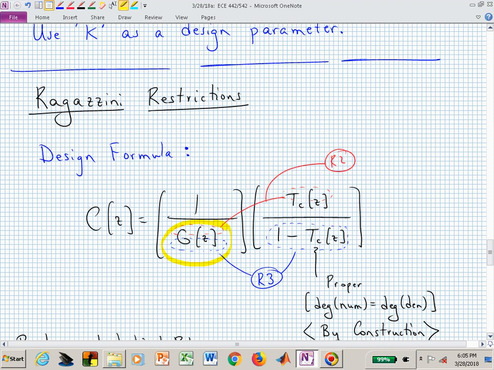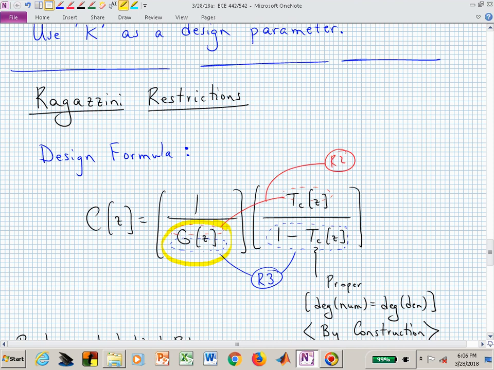But let's focus on the red first. If I don't want my controller, C of z, to be canceling poles or zeros outside the unit circle, then I can't have unstable poles equal to the unstable zeros of my plant. And to avoid that, I need to put those same factors in the numerator of t sub c of z, my desired transfer function.